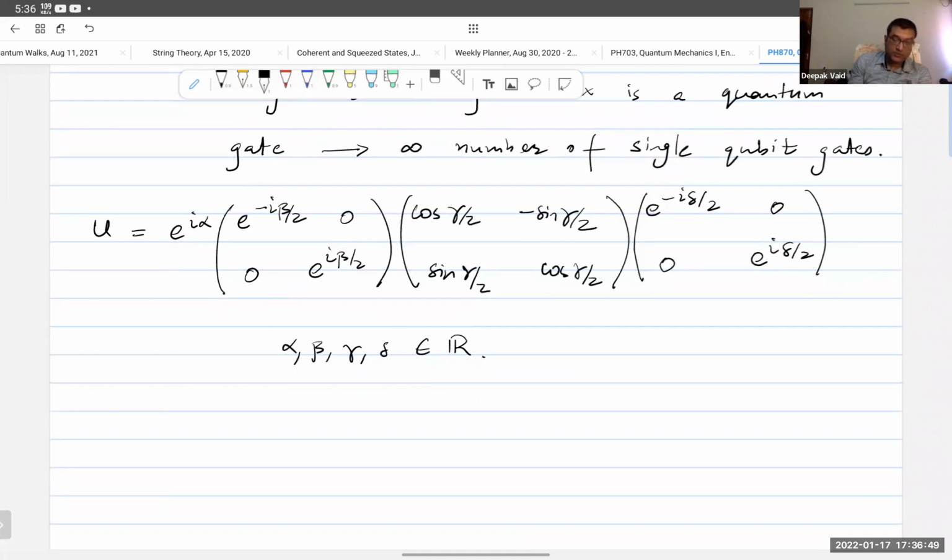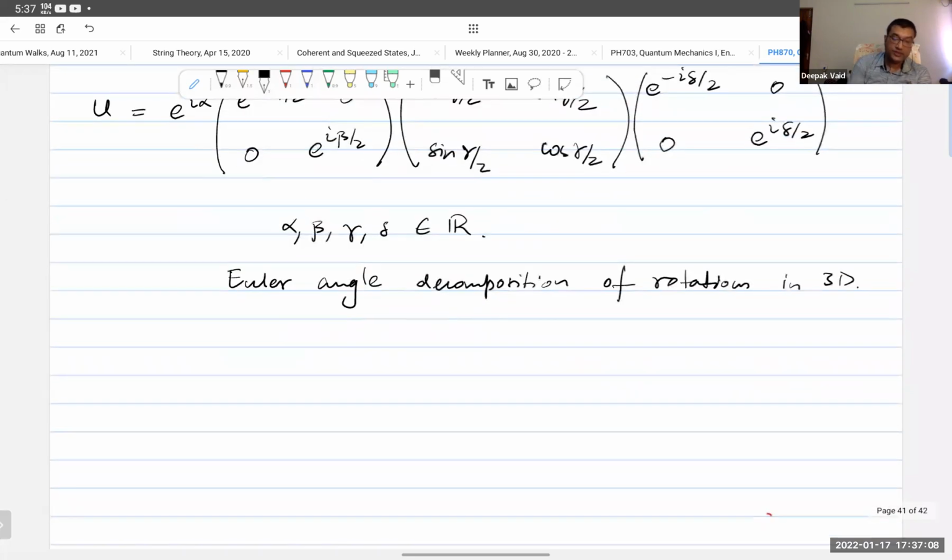Now, this looks somewhat similar to, if you have studied it, something called the Euler angle decomposition of rotations in 3 dimensions.